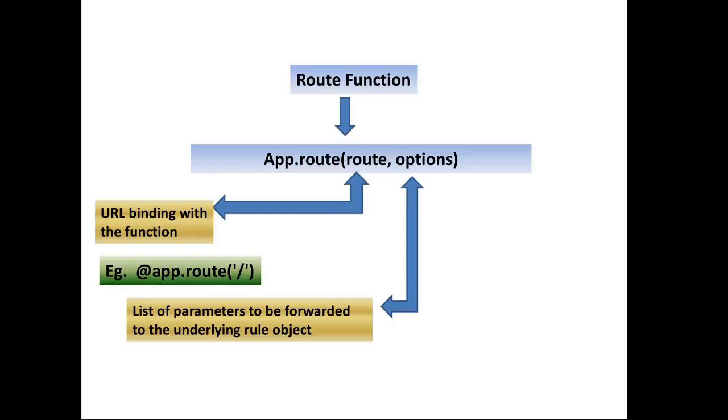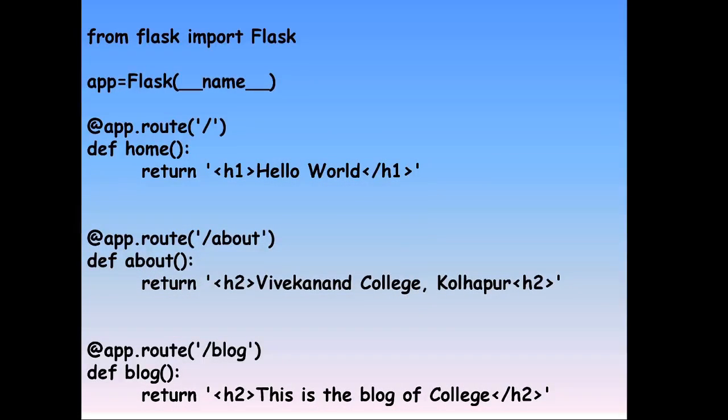The next parameter is options. What do options indicate? This indicates a list of parameters to be forwarded to the underlying rule object. Whatever parameters we are going to pass to that particular route function, that list should be provided with this syntax. So this is the syntax of the route function.